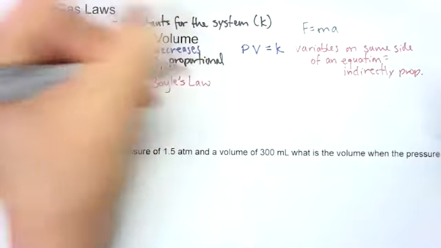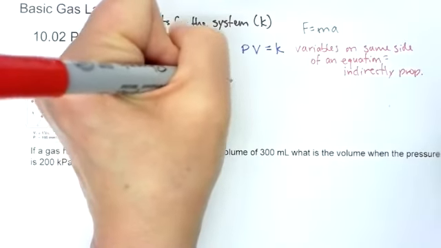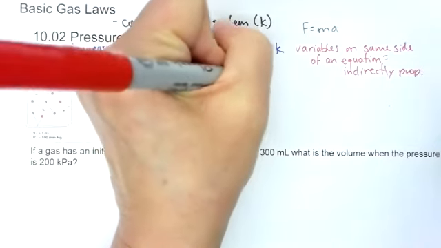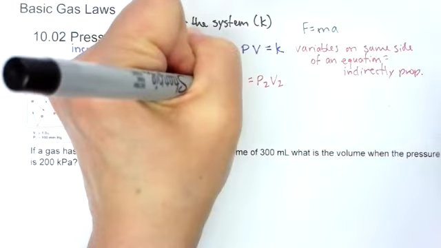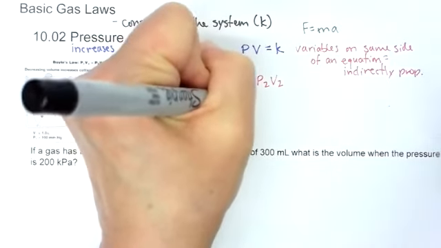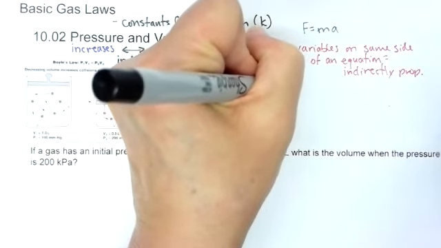If you look at initial and final pressures and initial and final volumes, the equation becomes P1V1 equals P2V2, where P1 and V1 are initial pressure and volume. The 1's stand for initial, and the 2's stand for final.